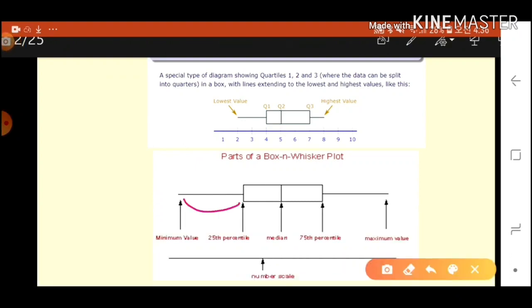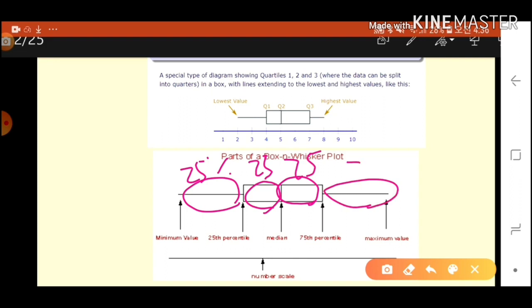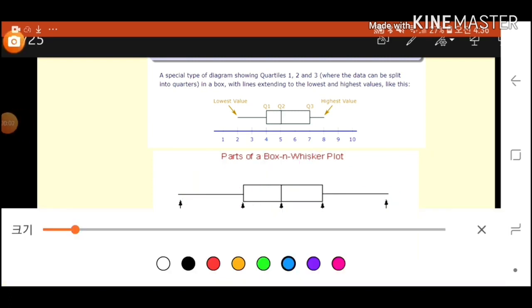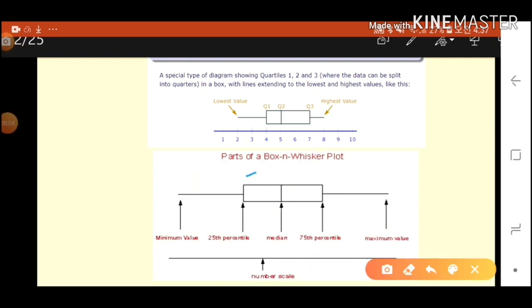Say this is 25%, this is 25%, this is 25, this is 25. So this much is the lower 25%, this much is the lower 50%. Then this much is 25 plus 25, the middle 50%. So the box represents the middle 50%, and from there to there is the upper 50%.